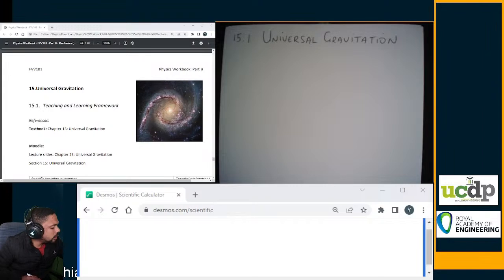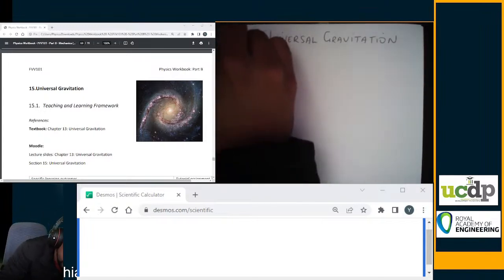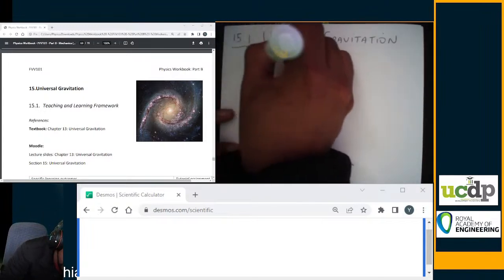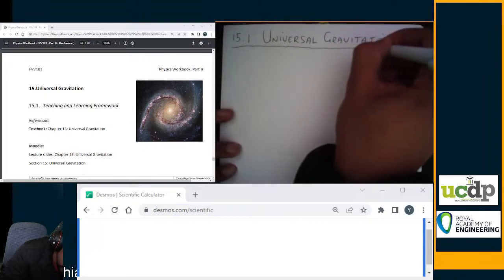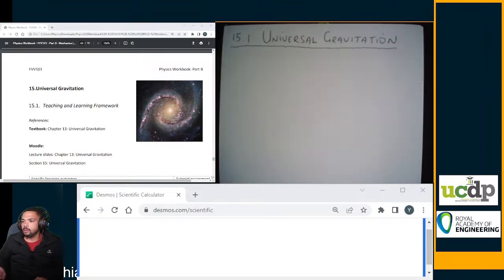Okay, the universal law of gravitation, like I said earlier, was developed by Sir Isaac Newton, the English physicist, the man who started all of this. Now, Newton's law of universal gravitation governs the motion of planets and our entire universe.